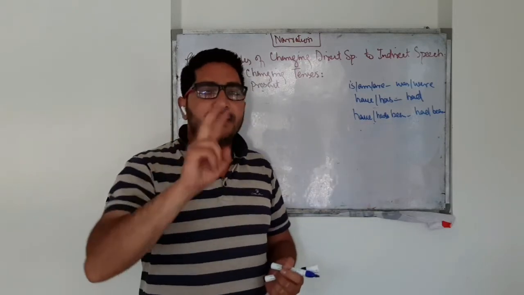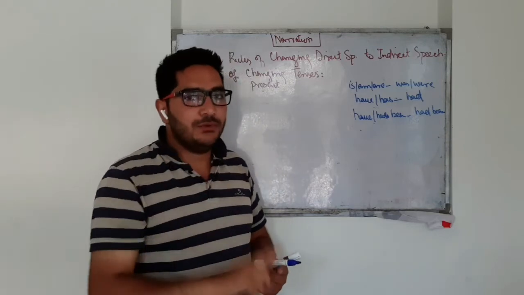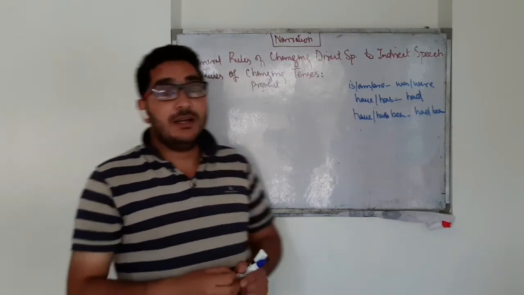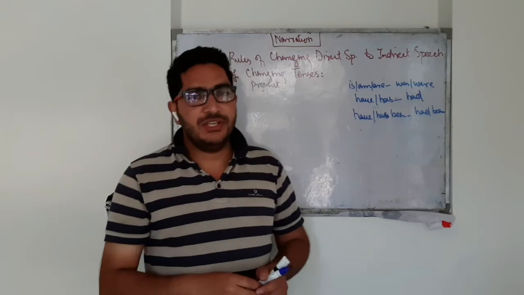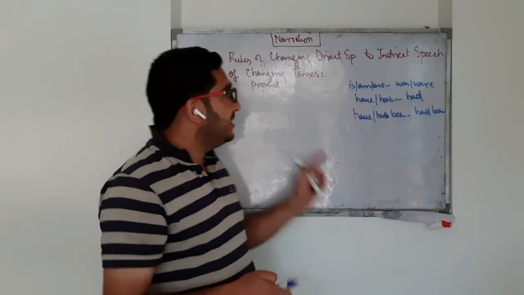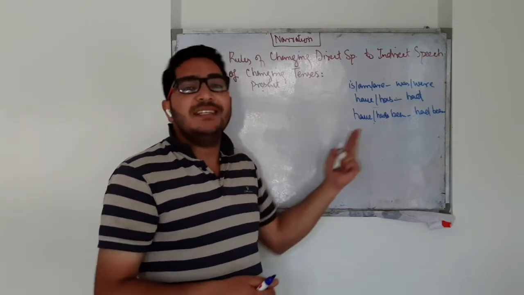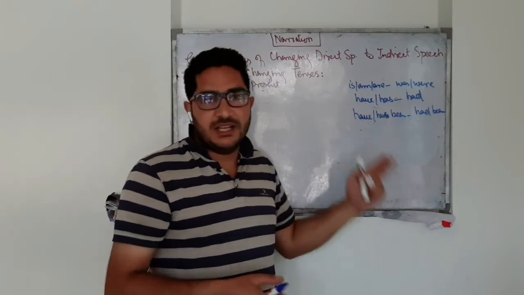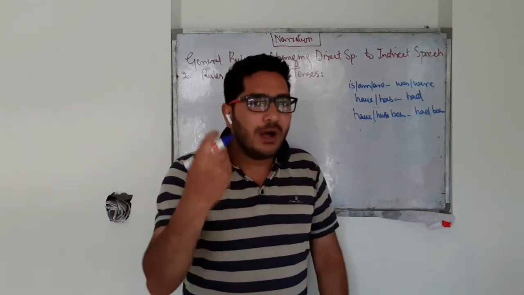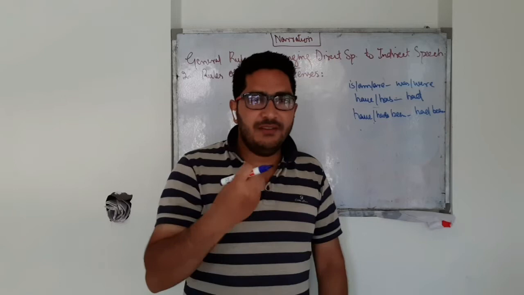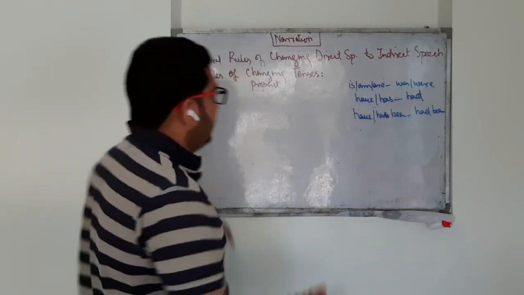So we discussed two parts now, two points, two rules. First one is how reporting verbs are changed, and second, how tenses and verb forms are changed. See, I'll write two or three examples which can give us a clear vision of this.